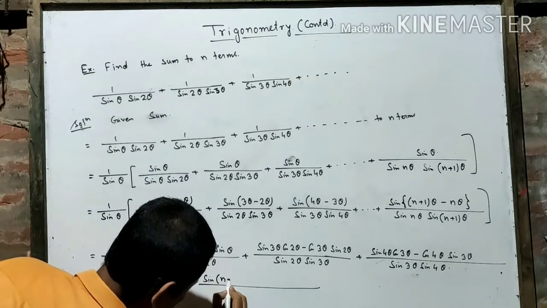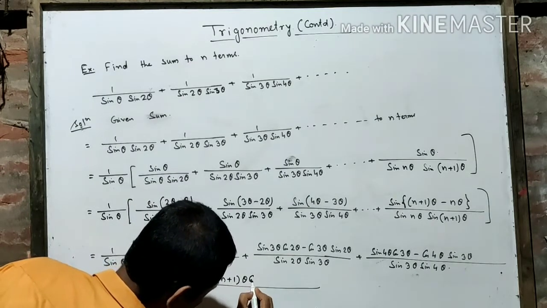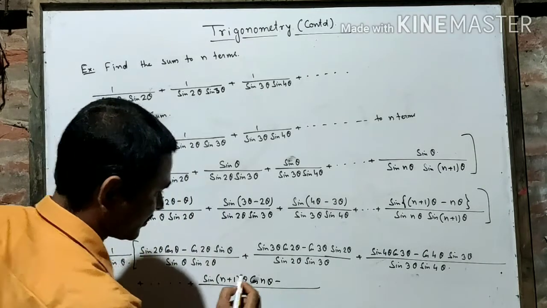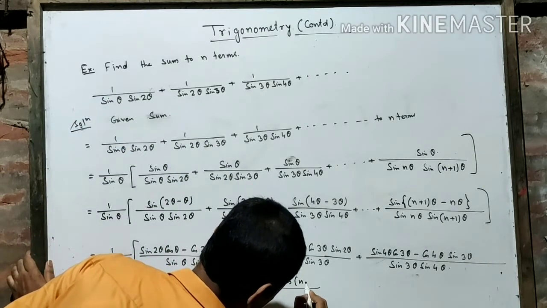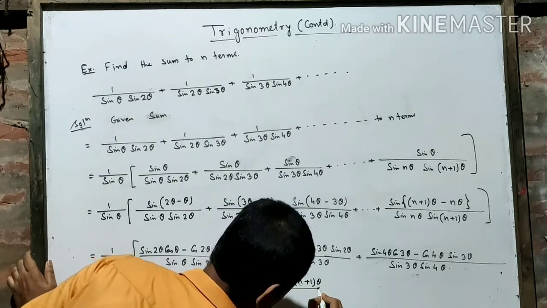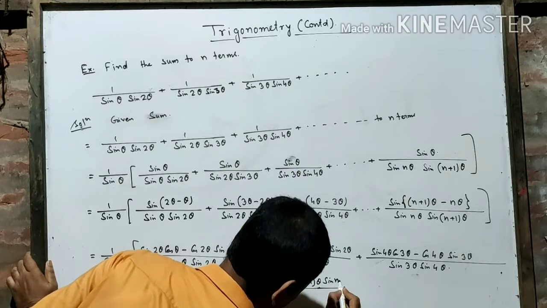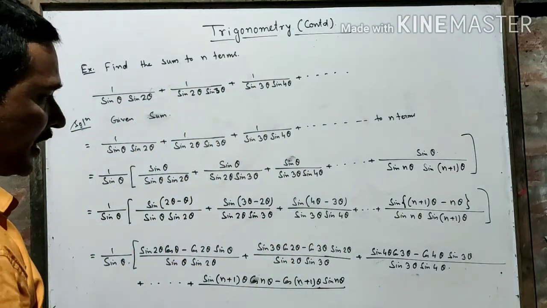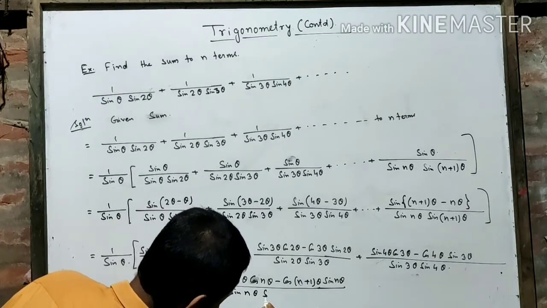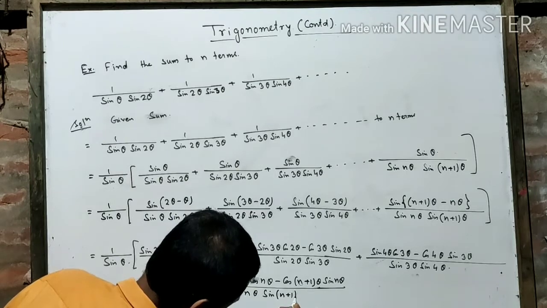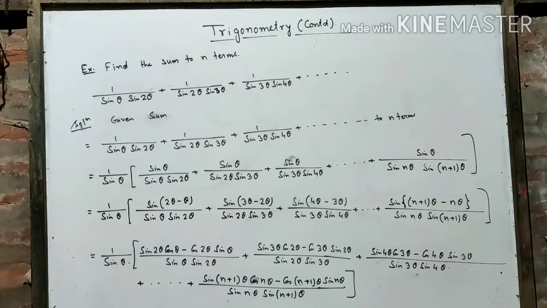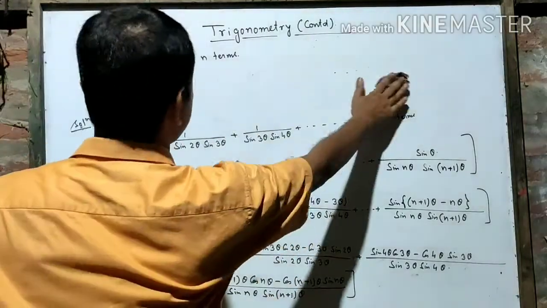So sine n plus 1 theta into cos n theta minus cos n plus 1 theta into sine n theta, divided by sine n theta into sine n plus 1 theta. Now we will divide. We have to arrange this.